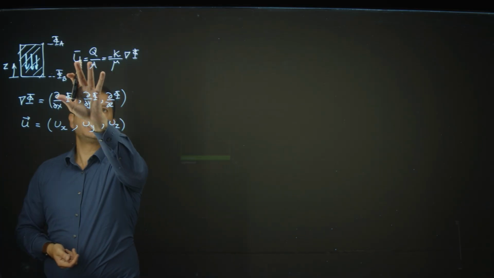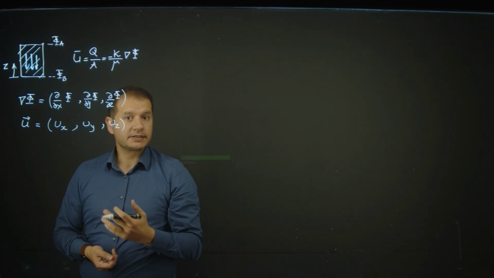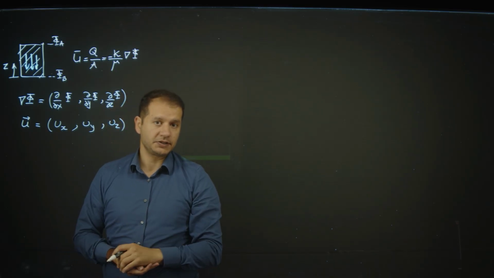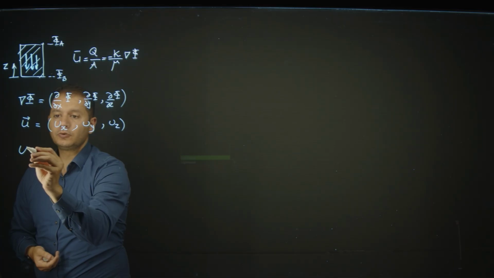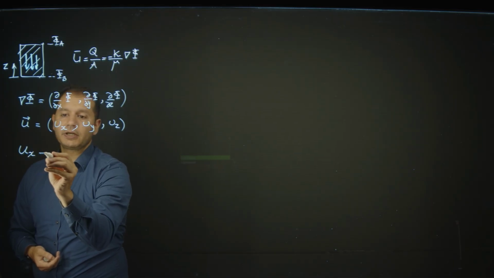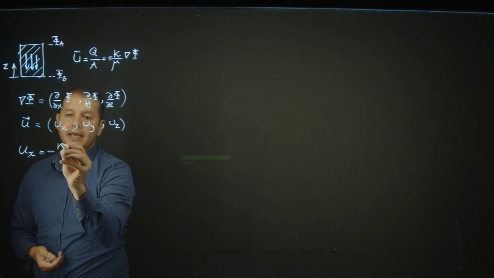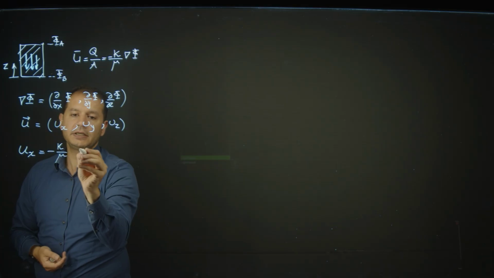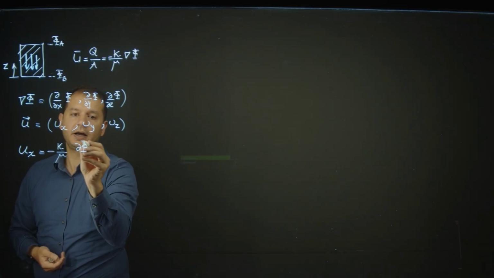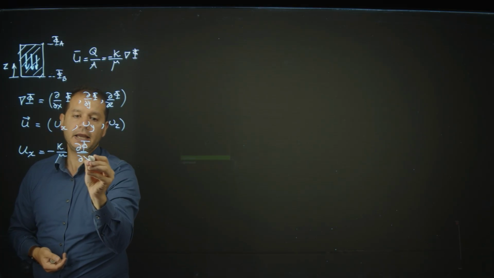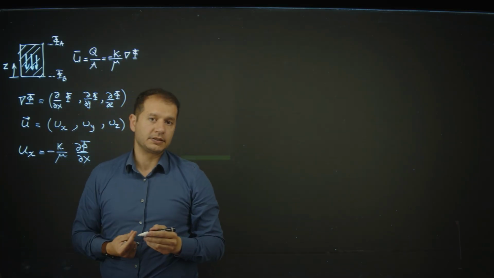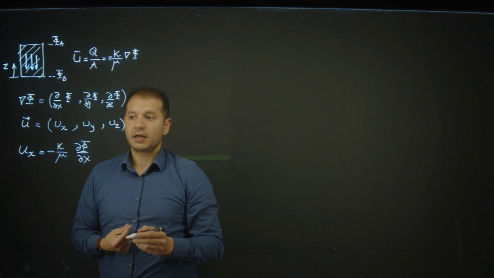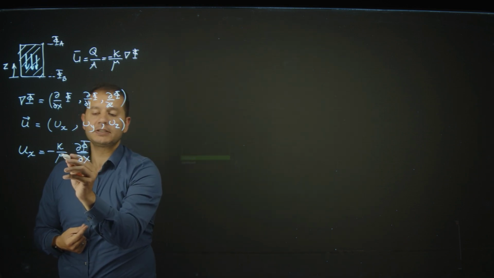As such, Darcy's law can be extended to multi-dimensional systems. For that, it would read u, for example in the x direction, equals minus k over viscosity times d phi dx, if k is a scalar quantity.